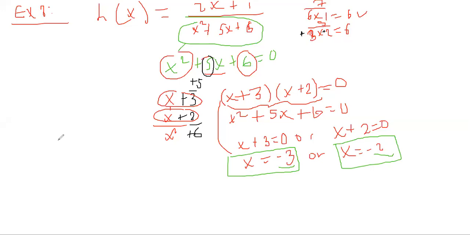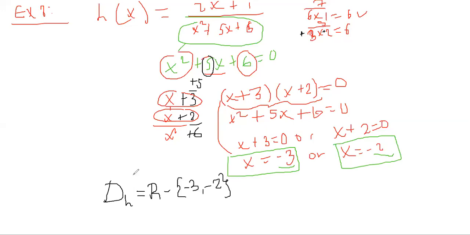So at the end of the day, the domain of function h will be equal to all real numbers. By now we know what real numbers are. All real numbers minus -3 and -2. So this is the answer.